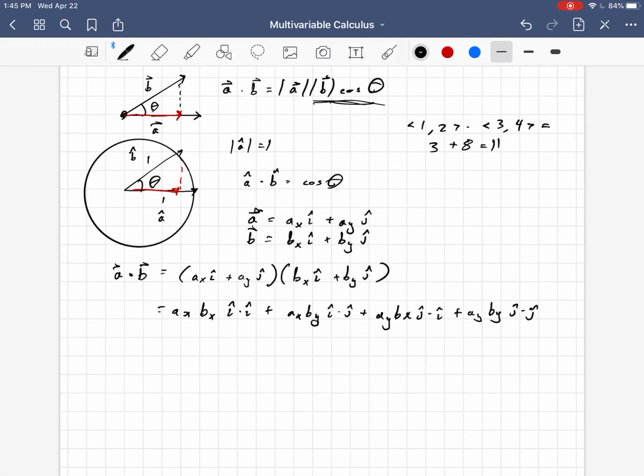And now notice what I said before about the dot product being all about how much of one vector lies in the direction of the other, that scalar amount. Notice then it would make sense that if i and j are defined as the two basis vectors in two-dimensional space, which would imply that they are perpendicular to one another. In other words, this would be i hat and then this would be j hat.